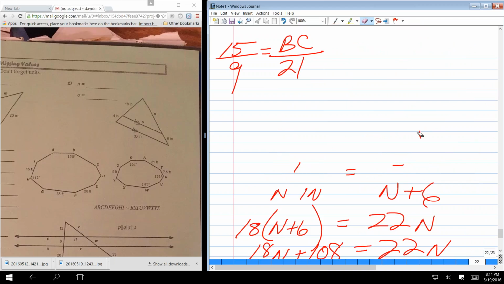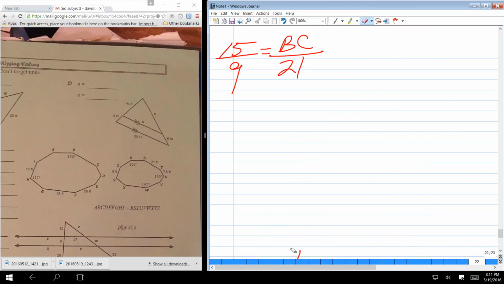You cross multiply? No. That's what everybody wants to do, but notice that it requires a second step if you cross multiply. You do 21 times 15 equals 9 times BC. Now I've got to divide both sides by 9. Well, I just multiplied both sides by 9. Right, doing an extra step that's not necessary. What if you just multiply both sides by 21?